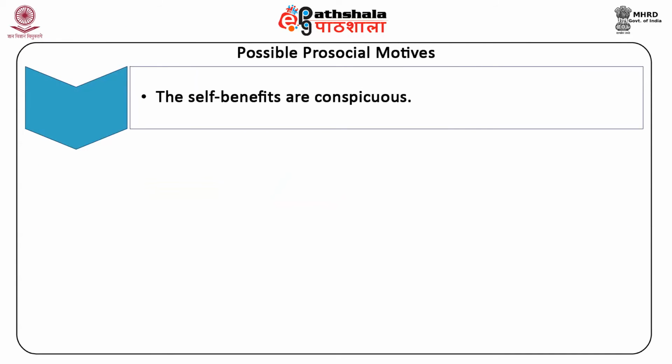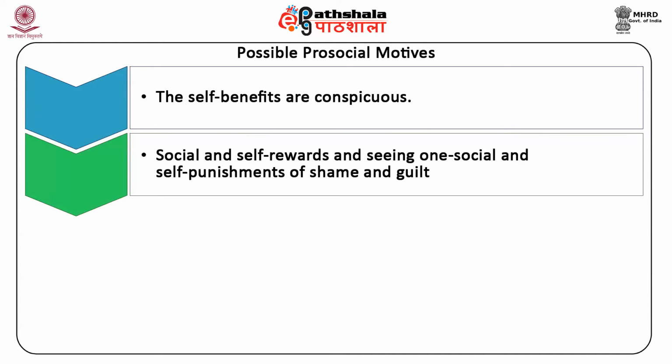The self-benefits of upholding a moral principle are conspicuous. One can gain the social and self-rewards of being seen and seeing oneself as moral, and avoid the social and self-punishments of shame and guilt for failing to do the right thing.